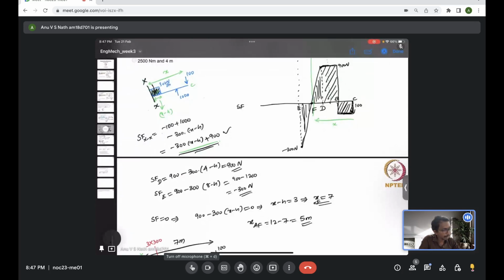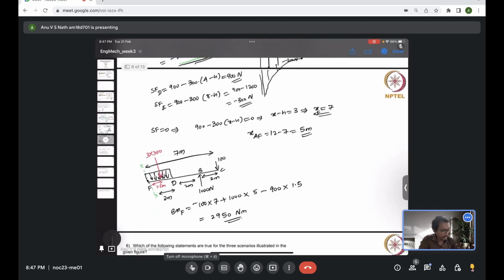So if we continue to plot the shear force diagram, it will be something like this, a quadratic profile. After the point E, and the corresponding bending moment diagram that I haven't plotted at all.